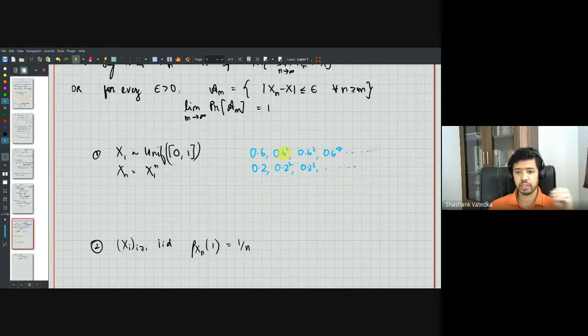So basically the entire sequence is determined by X1, and essentially all the randomness is in X1, not in X2, X3, and so on. Is this clear so far?